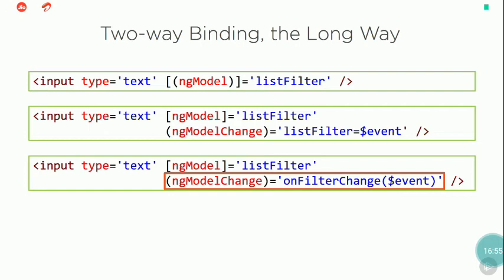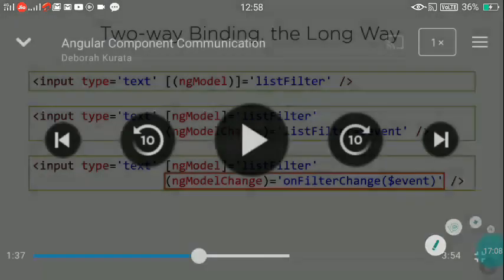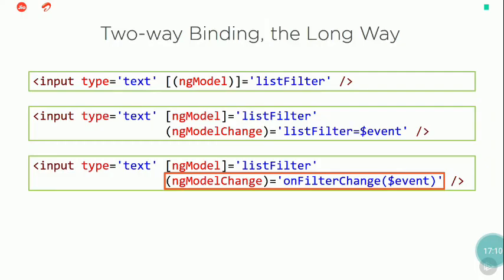When the user changes the input element value, the ngModelChange event is emitted, which calls the onFilterChange method in the component, passing in the modified value with $event. We then have a component method we can use to perform any additional operation we need.